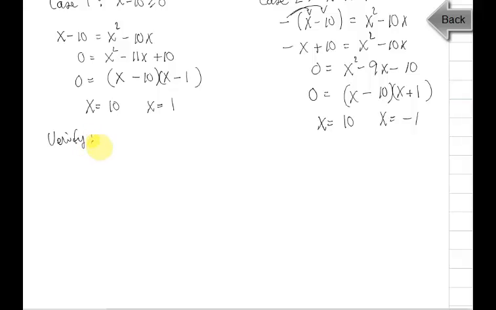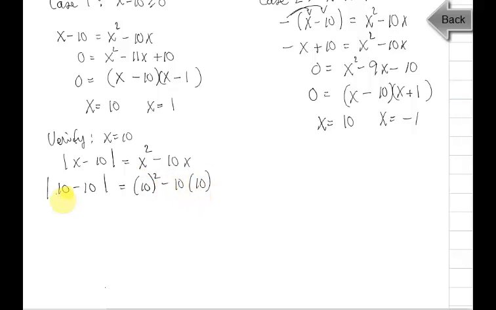Alright, so starting with the 10, we want to plug that into the original equation. We'll start with x equals 10. So we'll plug in 10 minus 10, and 10 squared minus 10 times 10. Well, 10 minus 10 is 0. 10 squared is 100 minus 10 times 10, which is 100. So we get the absolute value of 0 is 0, and 100 minus 100 is 0, so left side equals right side.